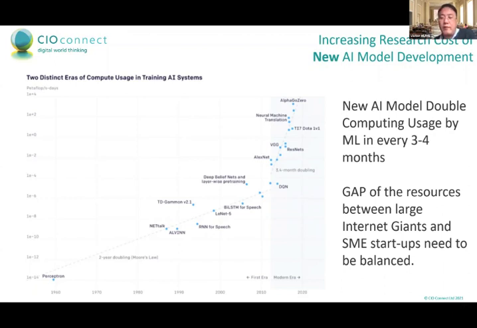It doubles every 3 to 4 months, in comparison with computer power, which only doubles every 2 or 3 years. There's a big gap between the resources that can be deployed by large internet giants and by small and medium-sized enterprises and startup companies.